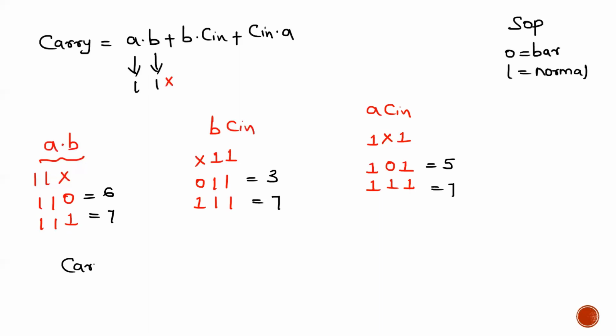So finally I got carry is equal to sum of minterms 3, 5, 6, 7. Let me consider this one as 2. Now by using these two, I'll try to plot this particular full adder by using 3x8 decoder.